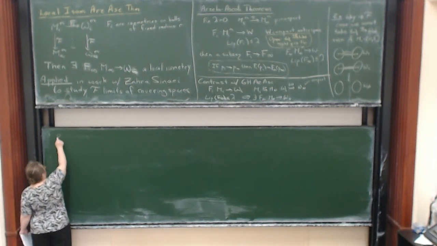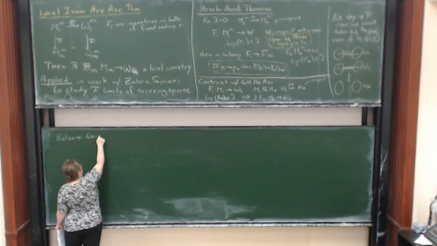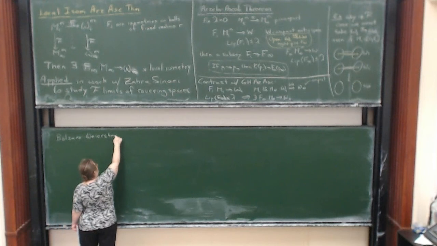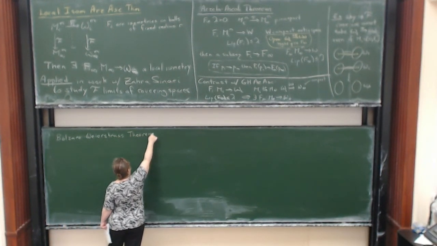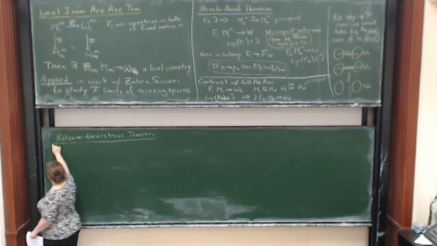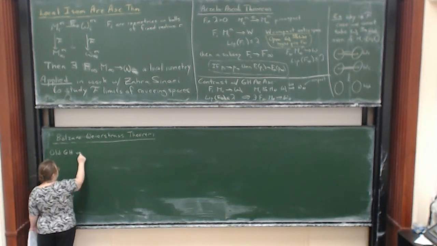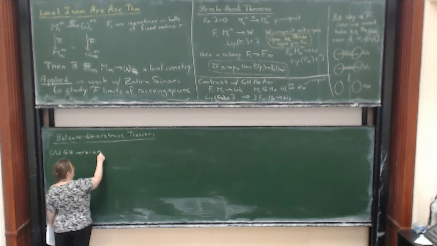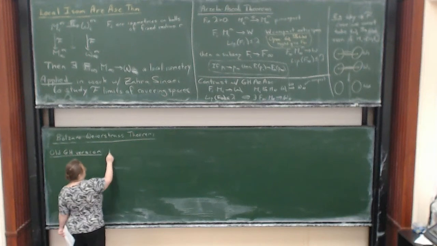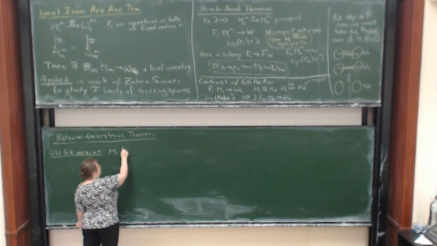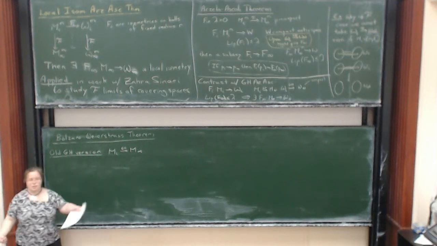Okay, so now for a Bolzano-Weierstrass theorem. In a Gromov-Hausdorff convergence, if you have Mi GH converging to M infinity, Gromov said that they all embed into a common compact metric space.